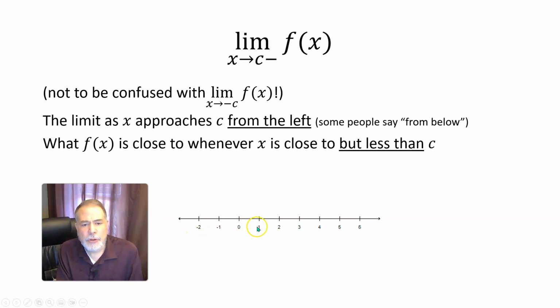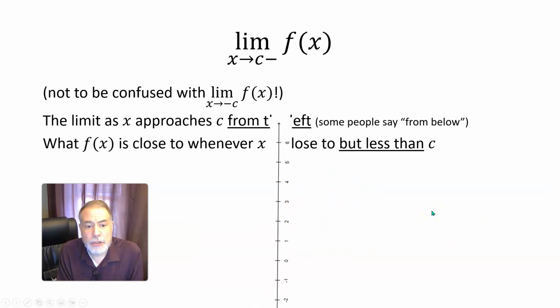If you have your number line arranged horizontally, then numbers that are less than 3, for example, would be the numbers that are to the left of 3 on the number line. So if you're approaching 3 from the left, you're looking at the part of the number line where the numbers are less than c. But if it's arranged vertically, then the numbers that are less than c are the ones that are below that number.